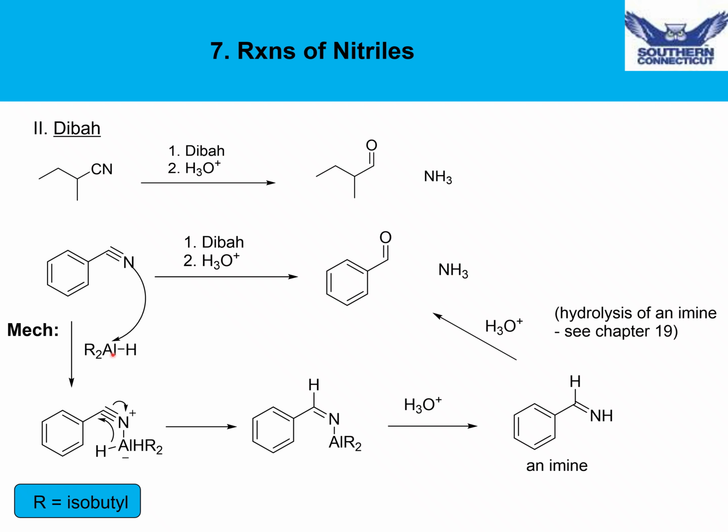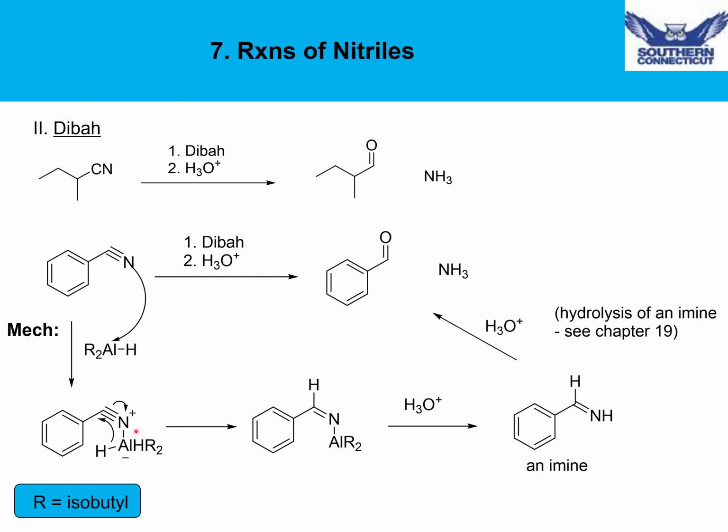And so it is a good Lewis acid, which can coordinate to the lone pairs on a nitrogen. Once this coordination occurs, or this Lewis acid base reaction occurs, we obtain this intermediate, which has a bond between the nitrogen and the aluminum. It has a formal positive charge on the nitrogen, has a formal negative charge on the aluminum.